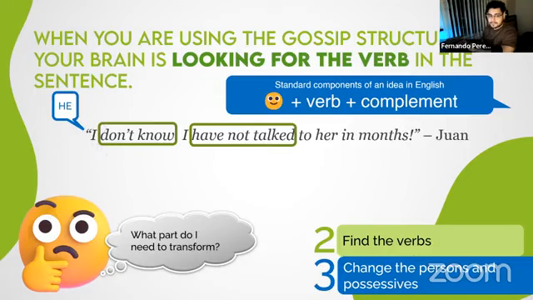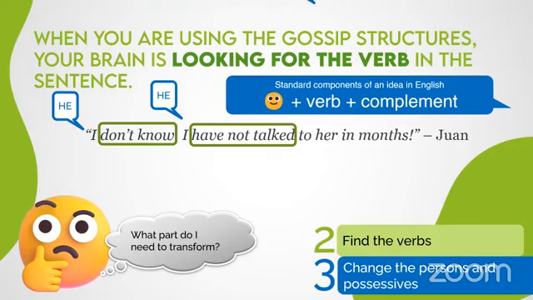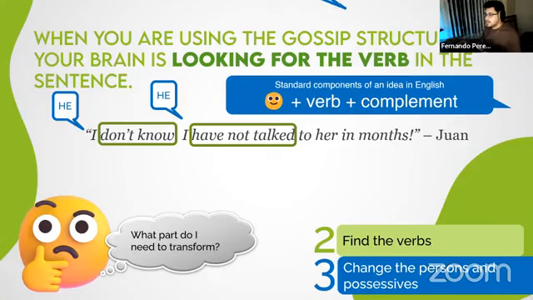The person I needs to transform again. We have the person I, and a second he. And then the third, we have the word her. What happens to the word her in this case?